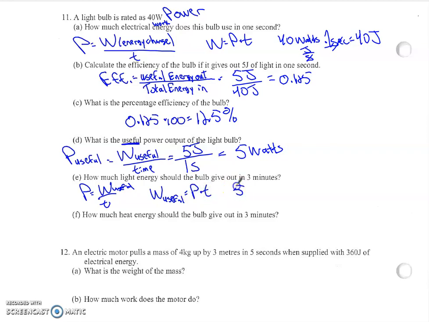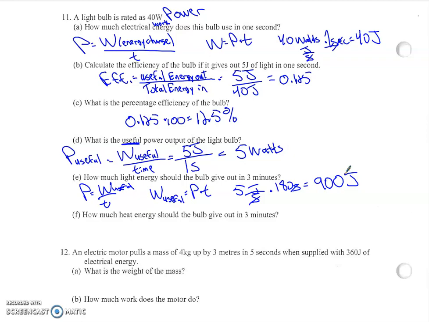So you have the 5 watts, which I'll write as joules per second, multiplied by 3 minutes, but we need it in seconds. This is why I wrote it as joules per second. 3 minutes is 180 seconds. So you do 5 joules per second multiplied by 180 seconds. The seconds cancel out, and that gives us the useful work output, 900 joules of light.